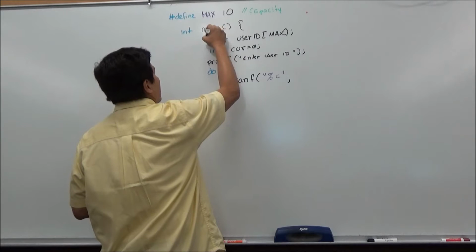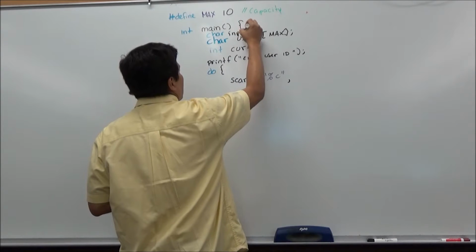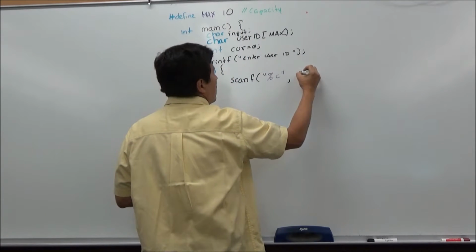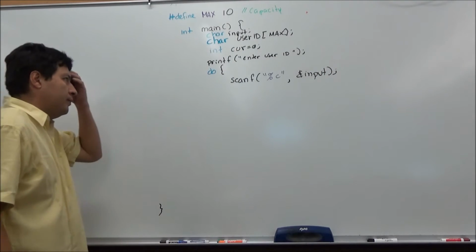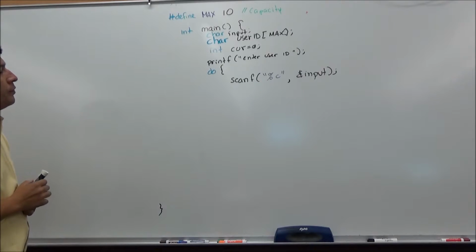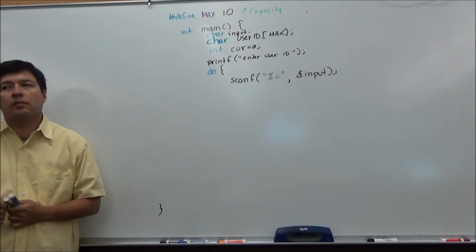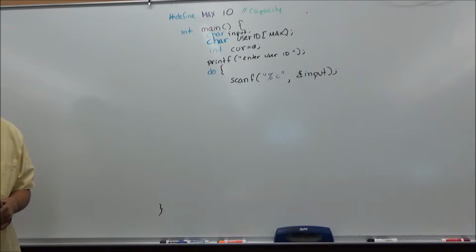Let's declare a variable for the input. Because it's going to store the user's ID, the input character. That's what I'm registering.